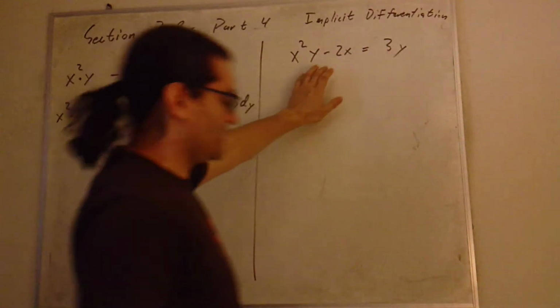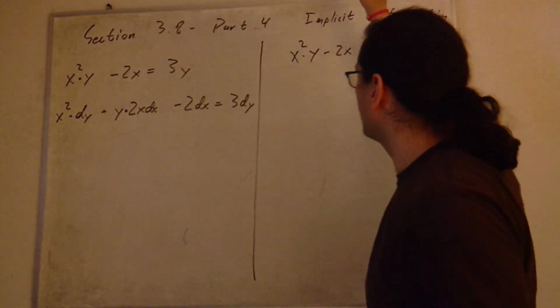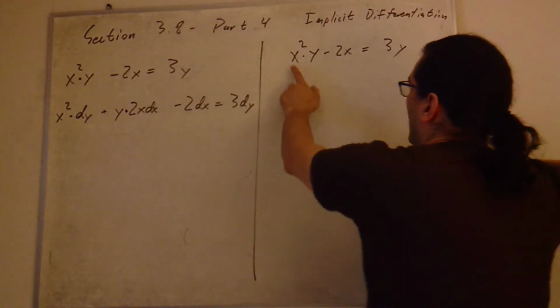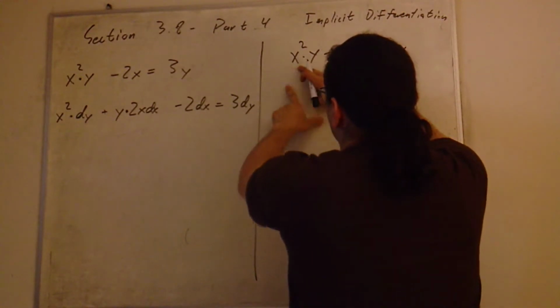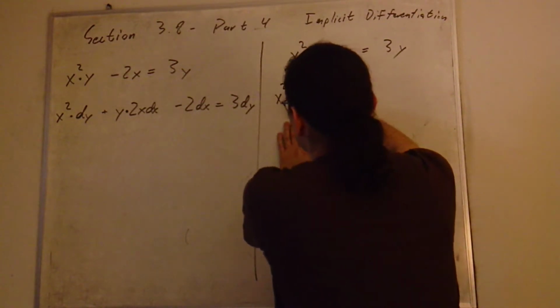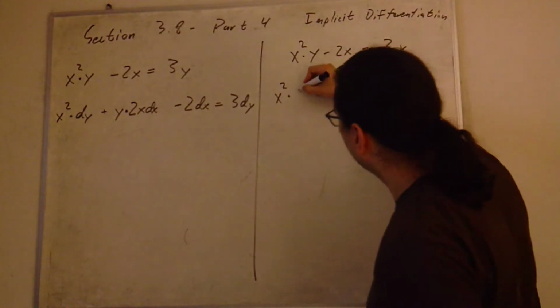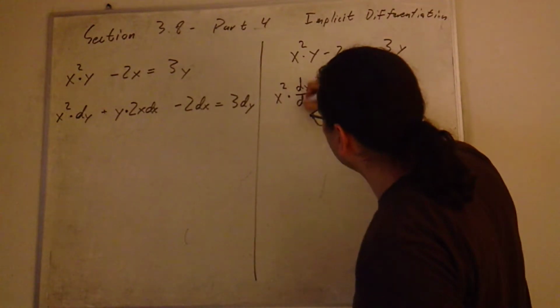Using the book's technique, this is going to look sort of similar. We still have a product and we still have to deal with that first, and we shall. So the product rule says that we should do the first times the derivative of the second. According to the book, the derivative of y is dy/dx.